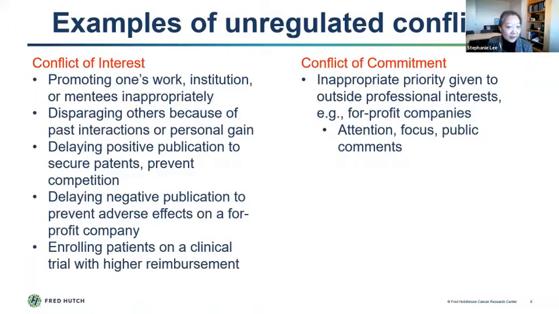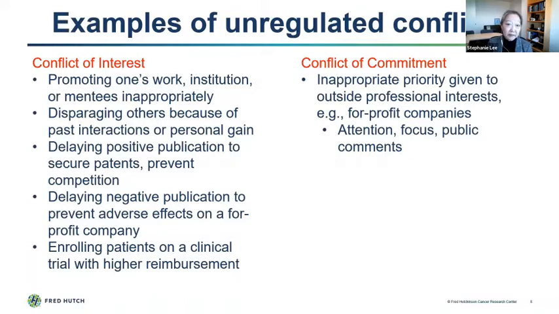Also, being especially hard on that paper because the results might conflict with some of your findings. Those are conflicts of interest. Delaying positive publication to secure patents or prevent competition, or delaying negative publication to prevent adverse effects on a for-profit company. And enrolling patients on a clinical trial that has a higher reimbursement rate than another clinical trial. Those are all examples of conflicts of interest.